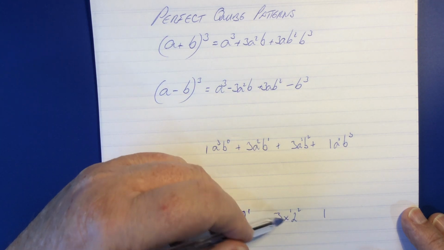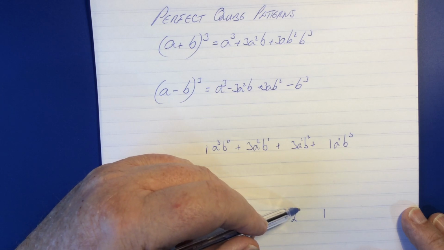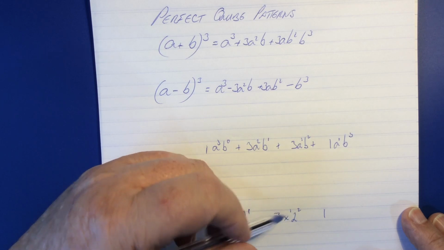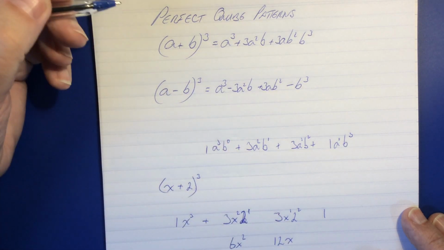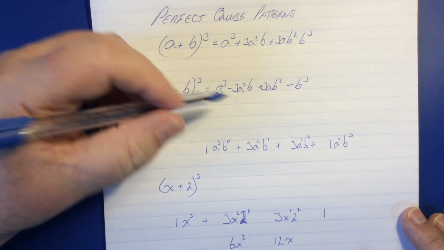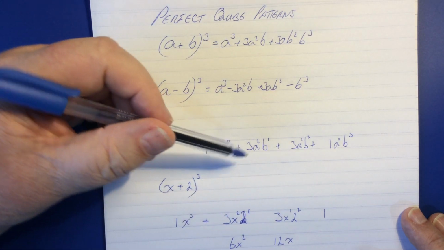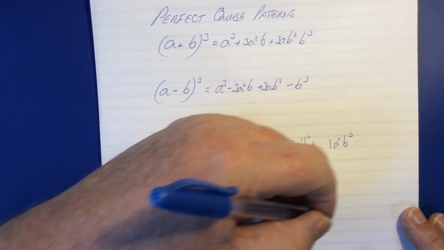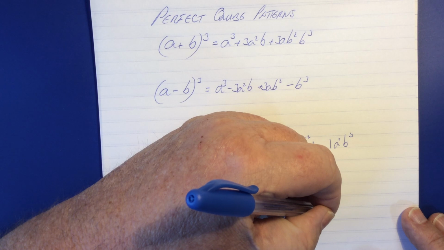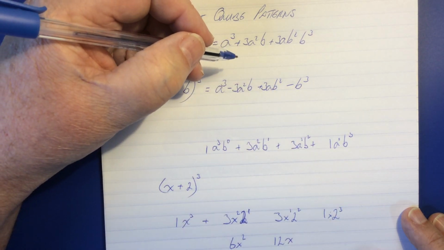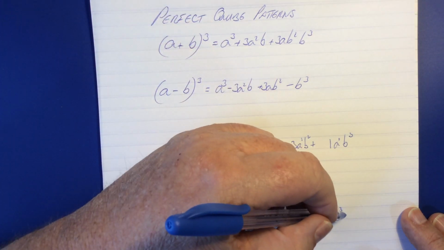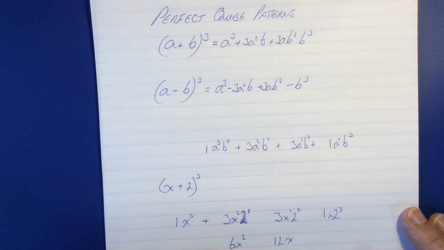We get 3 times 2 to the power of 2, which is 3 times 4, which is 12, 12x. And our last step is to cube the 2. 1 times 2 to the power of 3. There is an x in here, but it's x to the power of 0, so we'll just leave that alone.